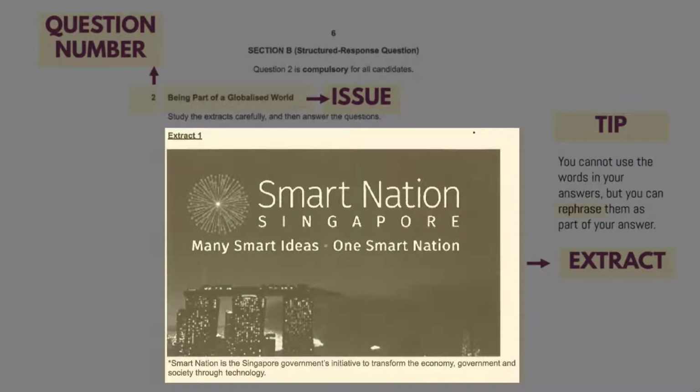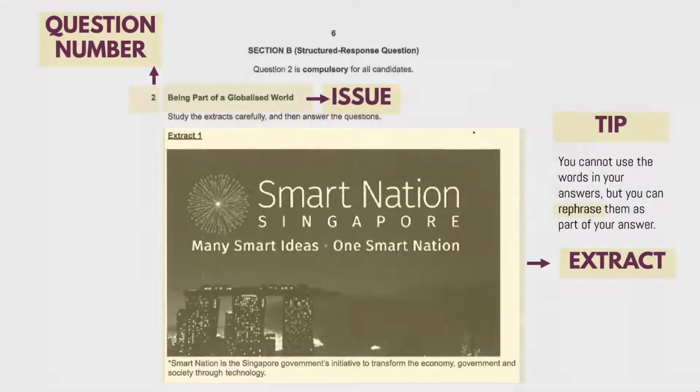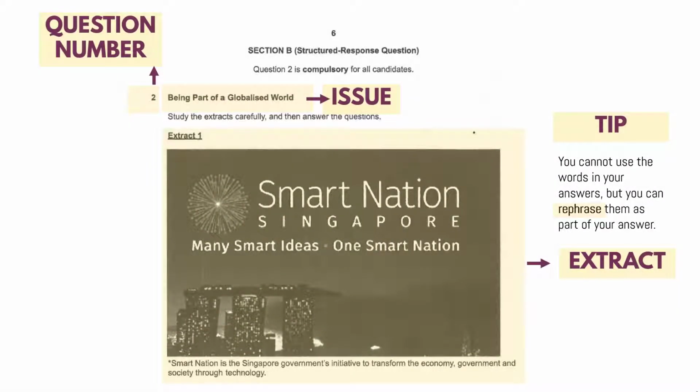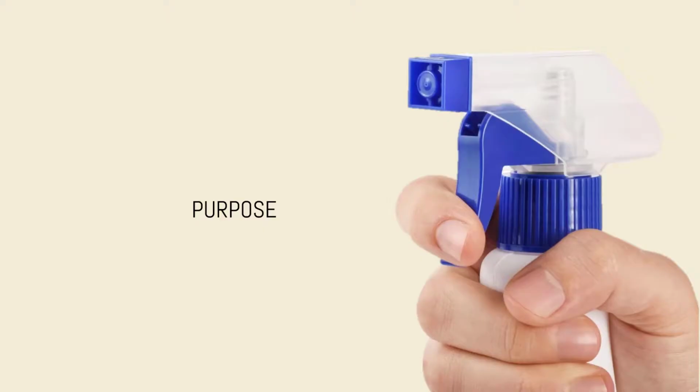You can use it, but the idea of many smart ideas or one smart nation is not meant to be used. Okay, so actually I explain the definition of what is a smart nation. It's the Singapore government initiative to transform the economy, government and society through technology. And this is perhaps the definition, and you shouldn't be using it. Instead, you should be rephrasing it before we actually go on to the question.